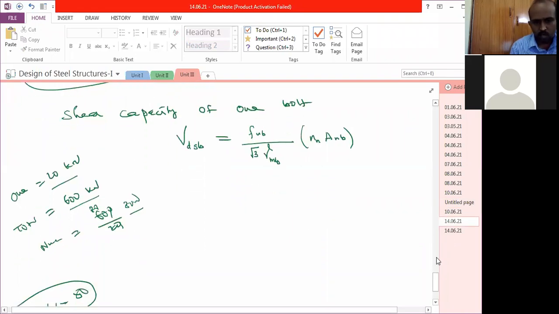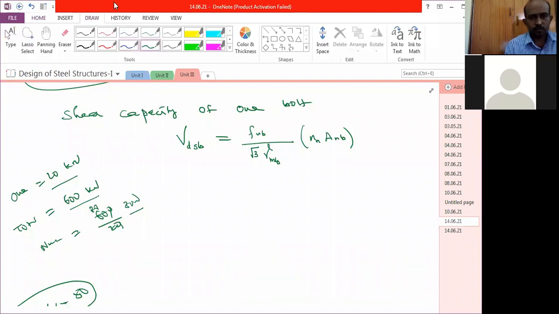Now, what would be the fub value? Anyone, please tell me. For grade 4.6, what would be the fub value? 400 Newton per mm squared.